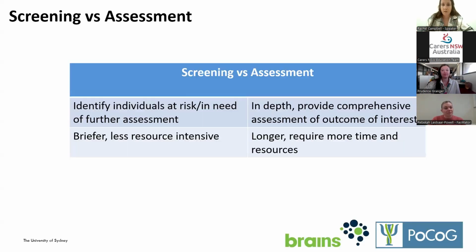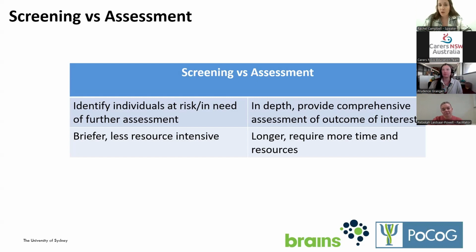or even the measure itself. So before I get into exactly what we did, I just wanted to start off by talking about the key differences between using measures for screening purposes versus using them for assessment purposes. So the purpose of using measures for screening is really to try to identify carers who are at risk or who are in need of further assessment.